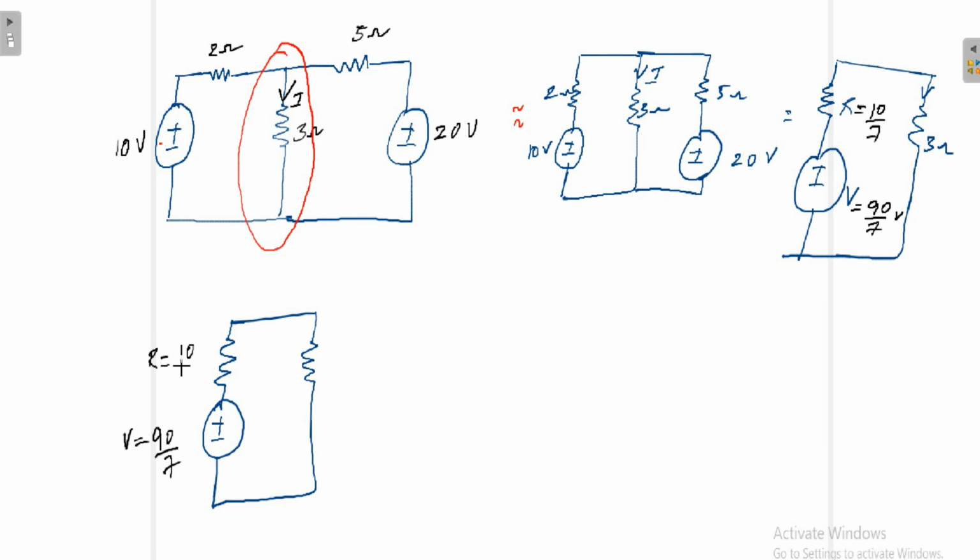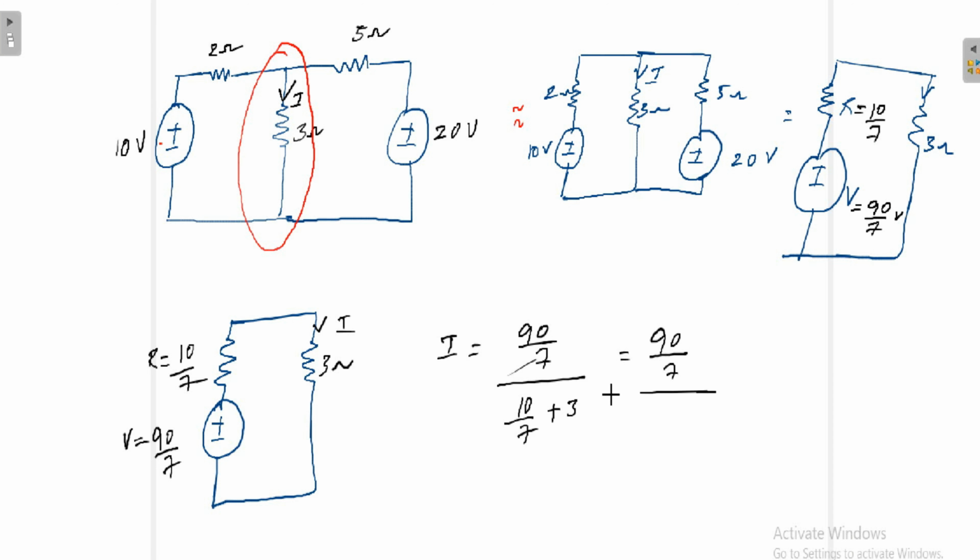Now I want to find this I value. I is equal to total voltage over total resistance. Total voltage is 90 by 7 and total resistance is 10 by 7 plus 3, so I is 90 by 7 divided by 31 by 7. The 7s cancel, which gives you 90 by 31 amps.